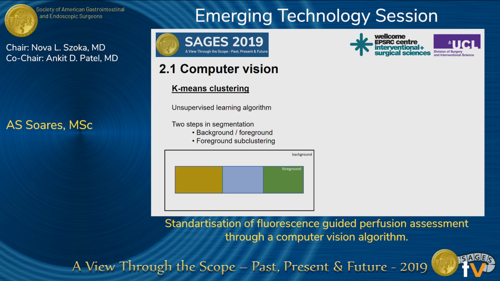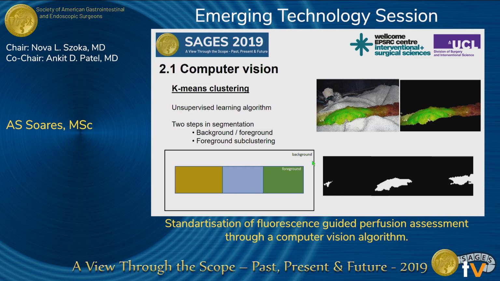And then we use, again, this same algorithm to subcluster the foreground into areas of different perfusion levels. We can see here raw input, first step foreground-background segmentation, and then the clusters that define different perfusion areas.